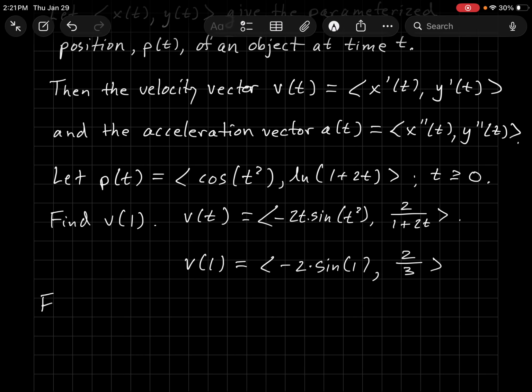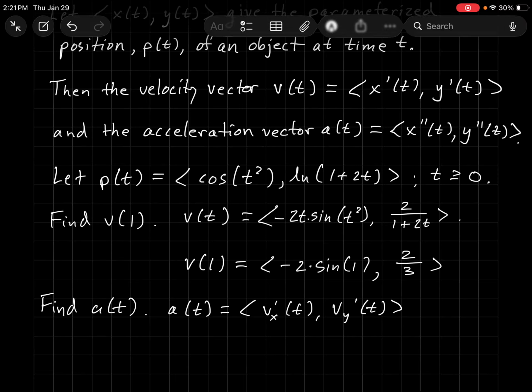Let's also find the acceleration vector just at t. So the acceleration vector is x double prime, or v prime, I'll call it vx prime of t, comma, the derivative of the velocity in the y direction of t.